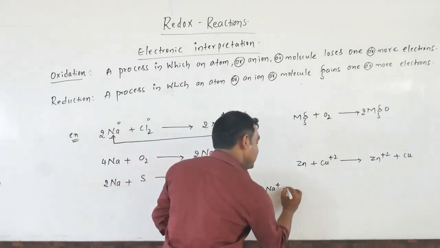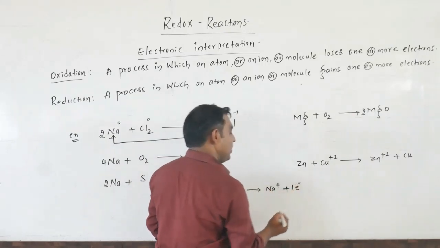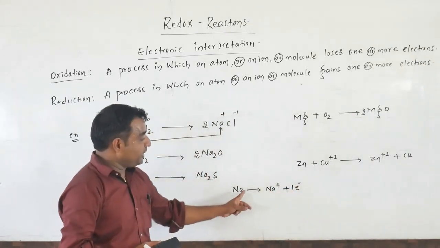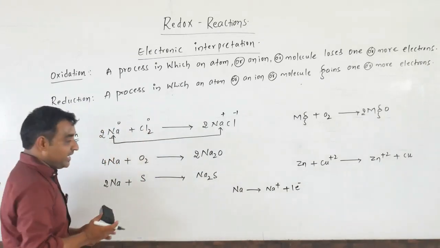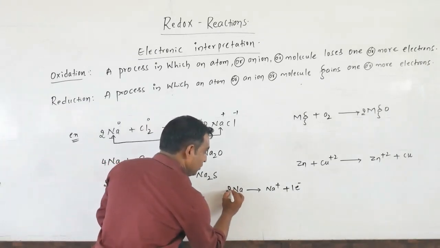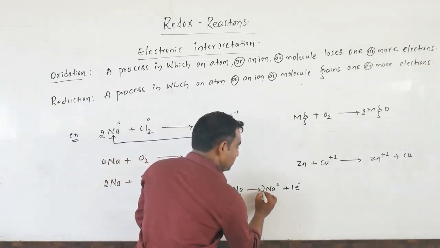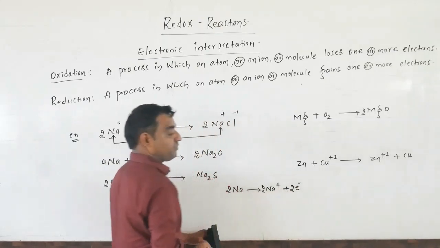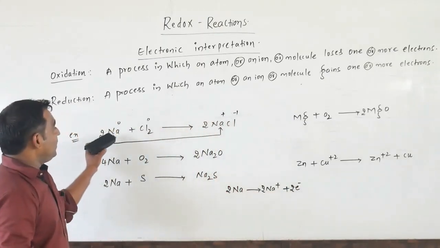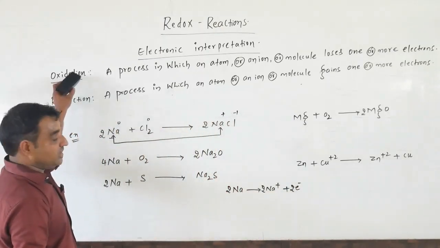How many electrons is it lost? 1 electron is lost, hence it is called sodium plus. How many sodiums are there? 2 sodiums, hence we have to take 2 moles of sodium. Here 2 sodium plus, and we take 2 electrons. Here sodium loses the electron and oxidation is taking place.